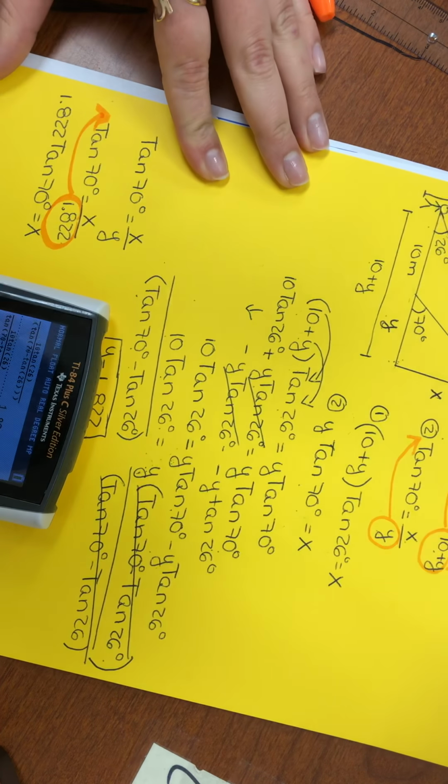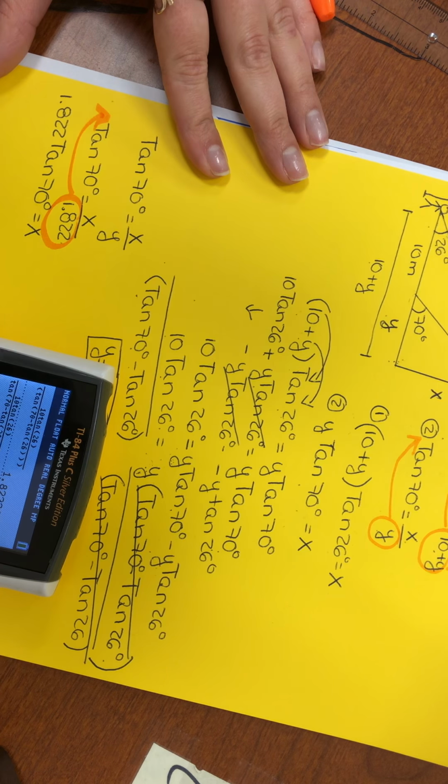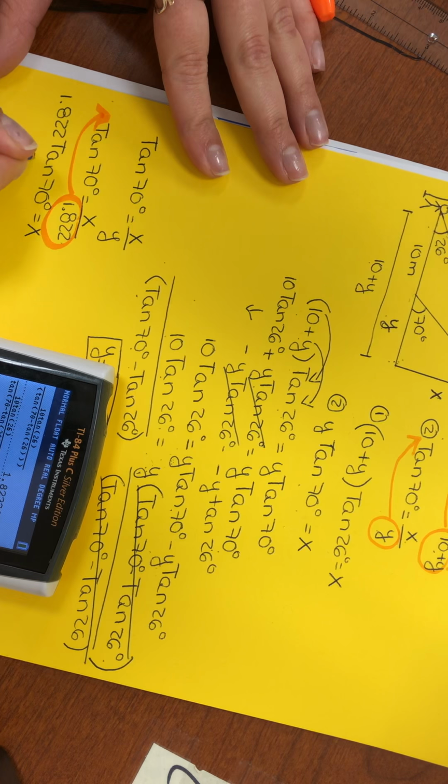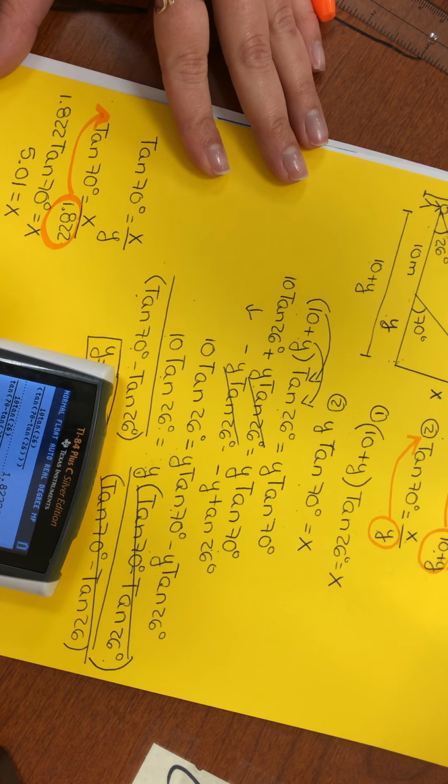Then if we plug it in, I can just go up here and do enter to have the whole number if you want. That will be more exact. And then you do times tangent of 70, close parenthesis, enter. So x is going to be equal to 5.01 if you want to round to the nearest 100. That's the value of x.